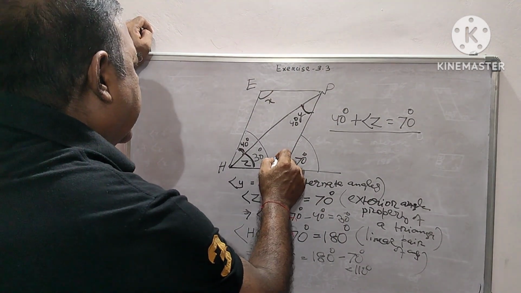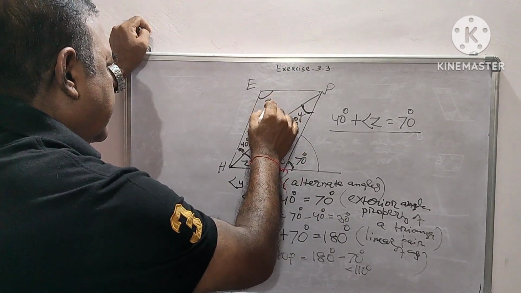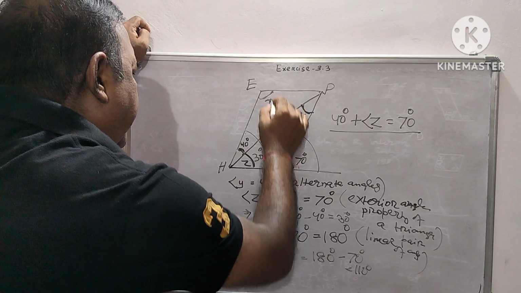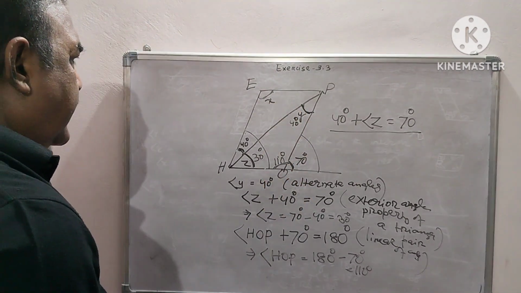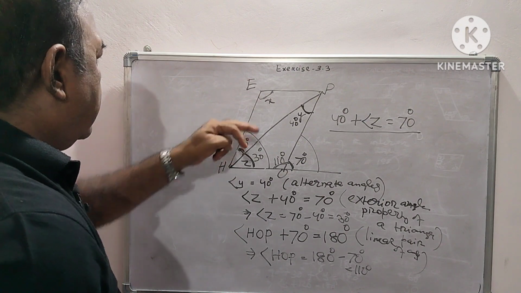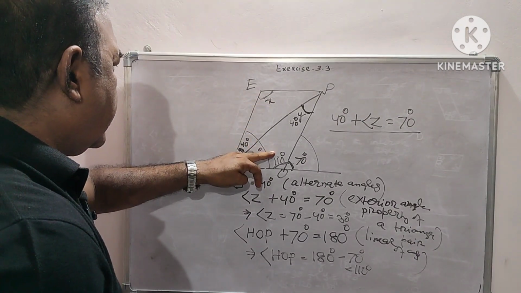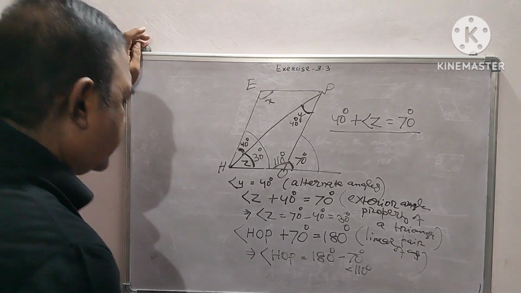So if this is 110 degree, both these angle E and angle HOP are opposite angles in this parallelogram. So angle X and 110 degree, they have the equal measure.